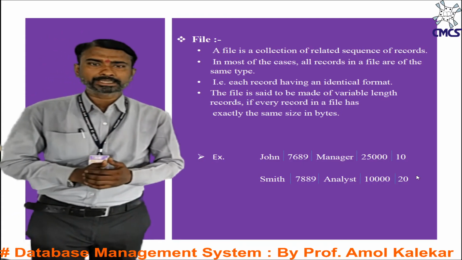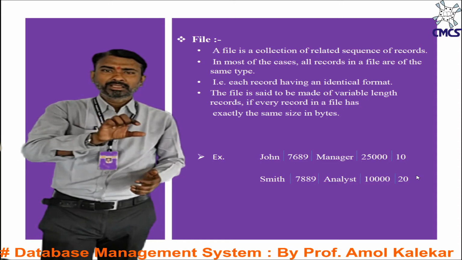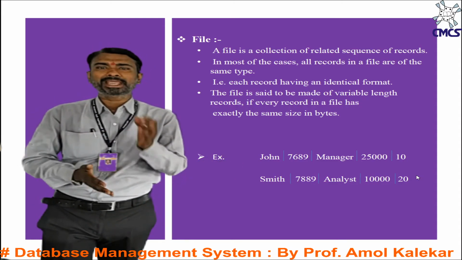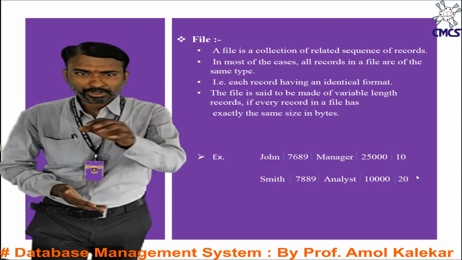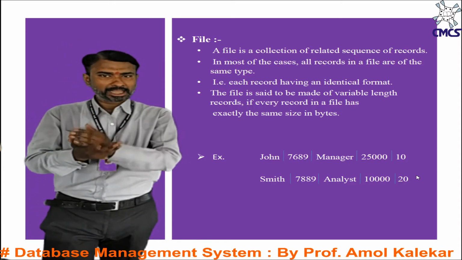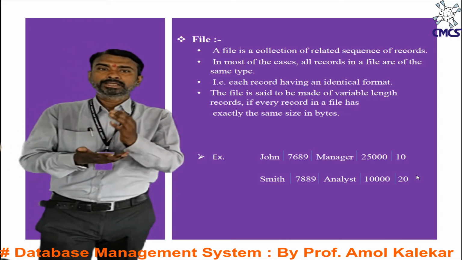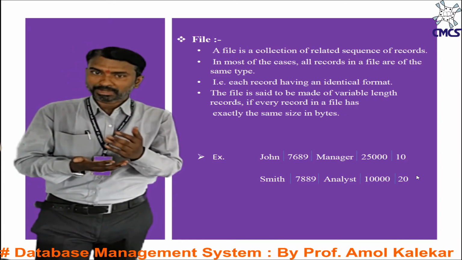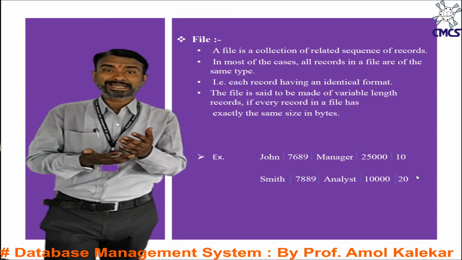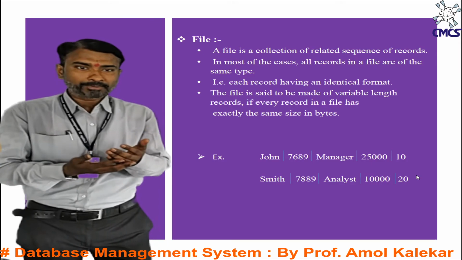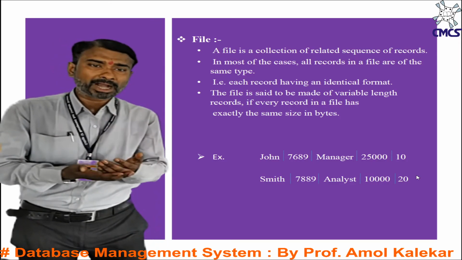Now you can see in the example, I have records along with their sequence, and these records can be kept or stored in the file. For example, John is the name of the person, 7689 might be the employee number, designation is manager, he is getting the salary 25,000, and 10 will be the department number.